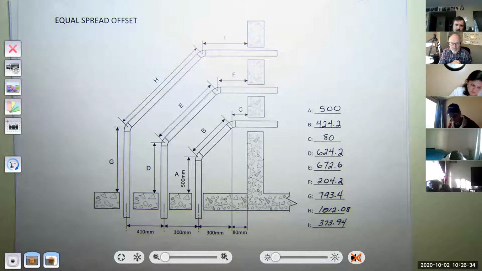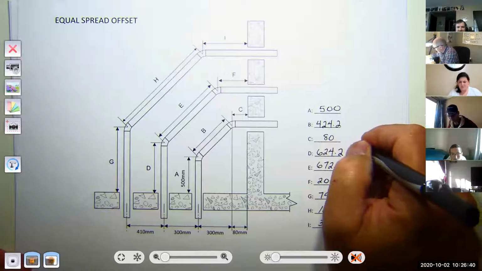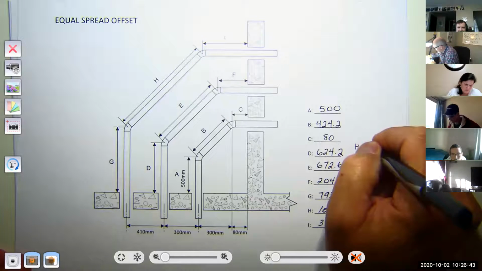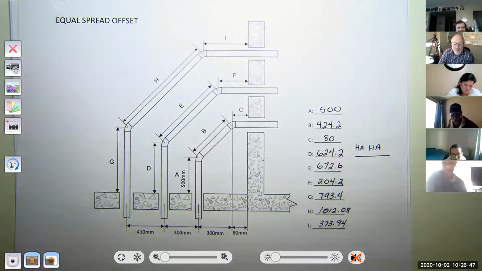I have an issue. Where's your units of measurement? Yeah, good one. Mark us wrong.